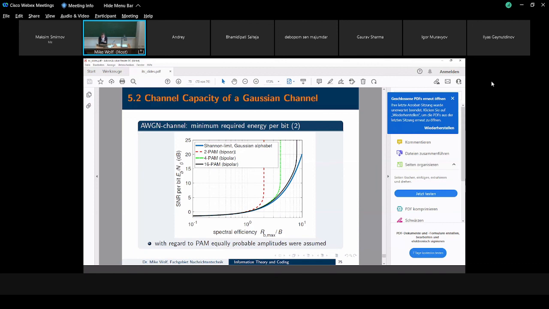So you can deal with a lot of noise, and you could say there is no benefit to spend in more transmit amplitudes than 2 if you have a huge amount of noise. Therefore, you can attain this limit, this minus 1.59 dB, nearly even with a bipolar distribution at the transmitter, not with a Gaussian distribution. You don't need this.